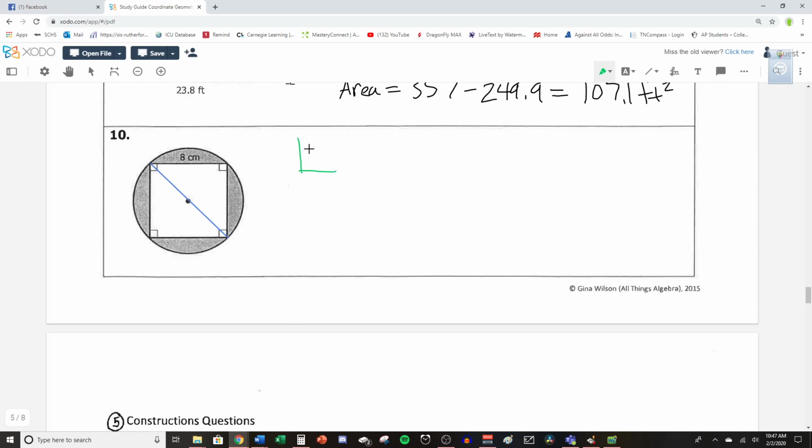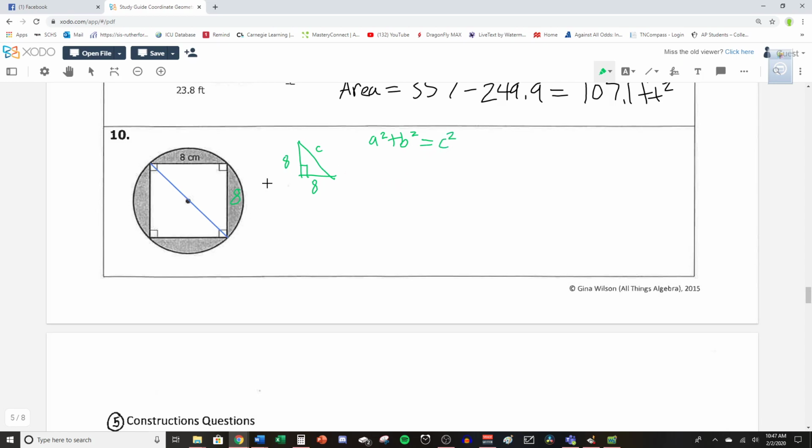So if I were to draw this right triangle, this is 8, and this is my diameter here. This would be C. Since it's a square, we also know that this is 8 right here. Okay, so this is 8, this is 8, and we can find the diameter of this circle by using Pythagorean Theorem. So it's a squared plus b squared equals c squared.